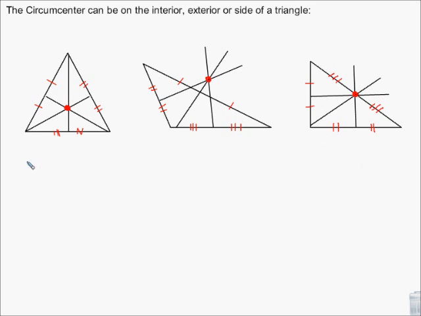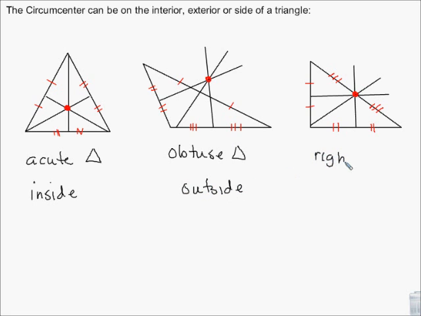If you have an acute triangle, it'll be inside the triangle. If you have an obtuse triangle, it's outside. And if you have a right triangle, it's on the side. And actually, it will be on the hypotenuse.